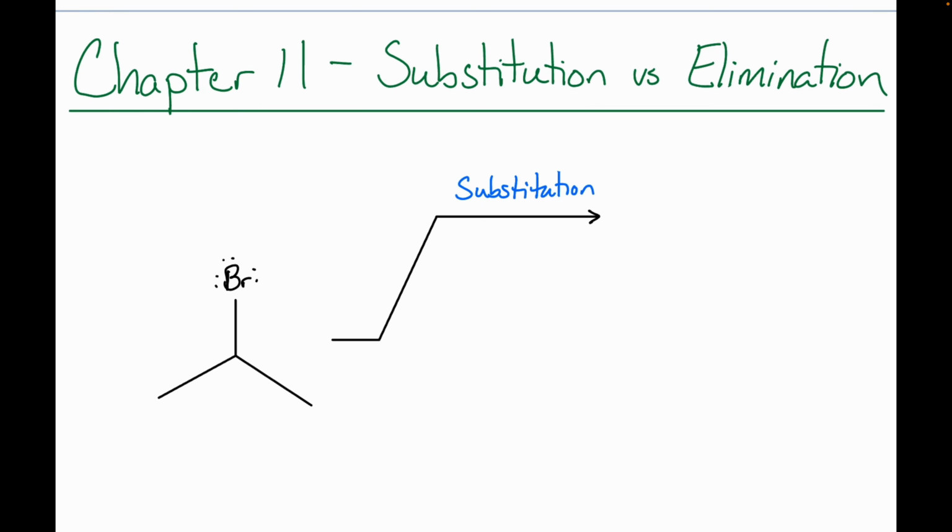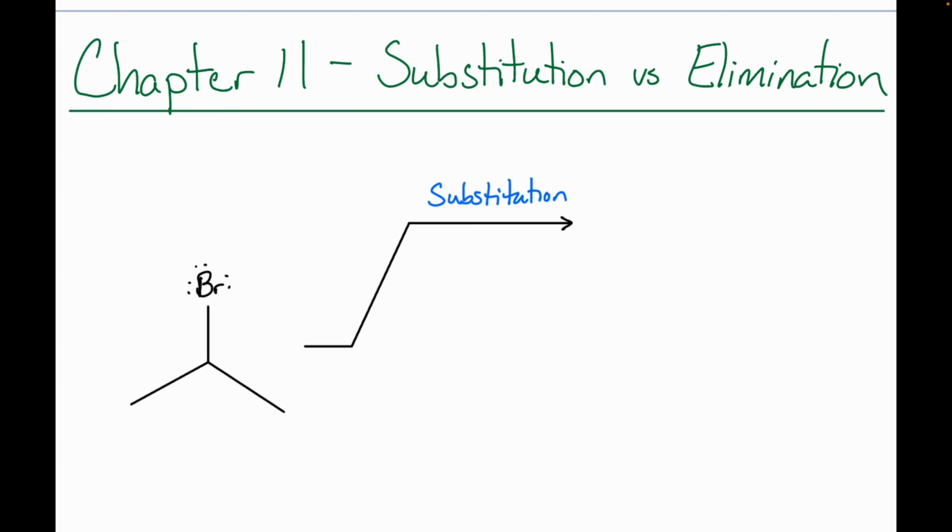A substitution reaction is where we substitute that halogen functional group for another functional group, so swapping out this bromine for something else. What we're going to find is these are nucleophilic substitution reactions. So for right now, I'm just going to use Nu with a lone pair and a negative charge to represent my generic nucleophile.